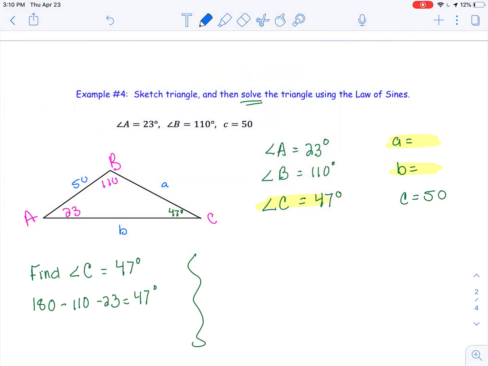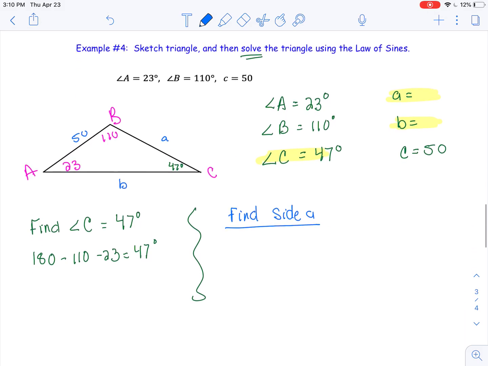So if I want to find side A, I'm going to use the law of sines. So I'm going to look at this and say, well, I have this angle side relationship. So I have sine of 47 over 50 is equal to, and I can now find A. I can use angle A, which is 23 degrees, and we're looking for side A. So I can say the sine of 23 degrees over A. I've now set up my proportion.